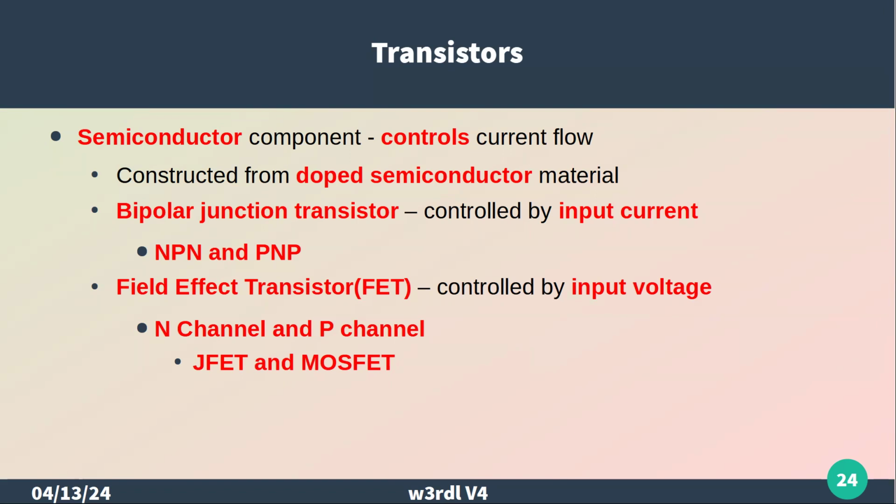We call them an N channel and a P channel. And it's just like on the bipolar. It's three types of silicon, either NPN or PNP. Within the field effect, we're only going to talk about two, junction FETs and metallic oxide FETs.